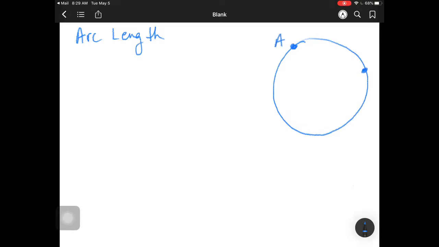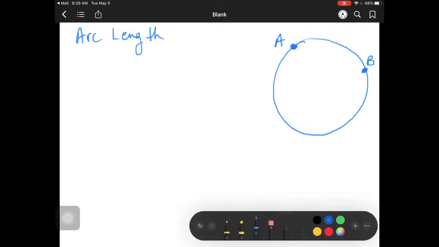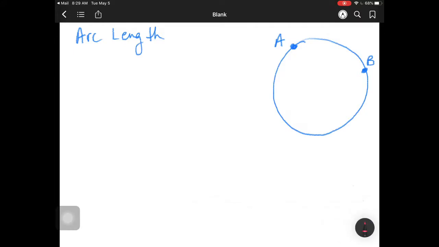Let's say this is point A and this is point B. Now remember, chord means the straight distance or straight line segment from A to B. An arc, or arc length, is the distance between A and B following the circle, going on the circle. This is what we call an arc. So an arc is not straight, okay? It follows the circle.